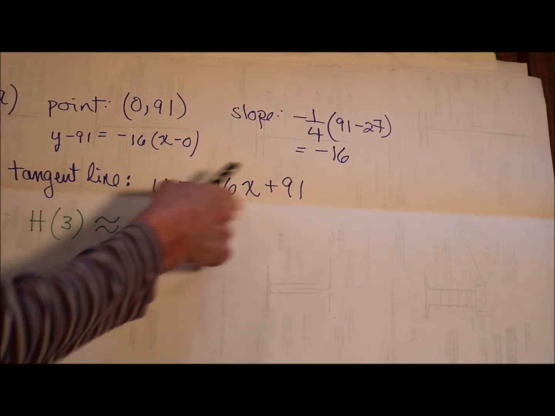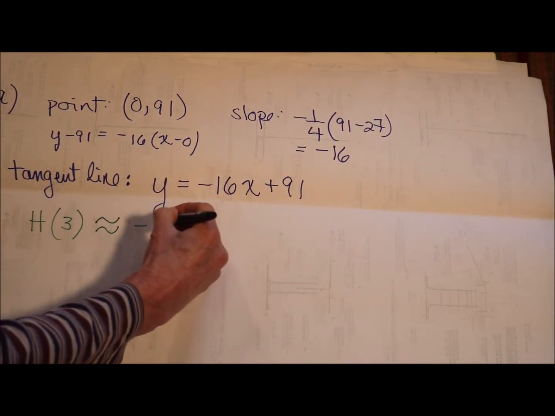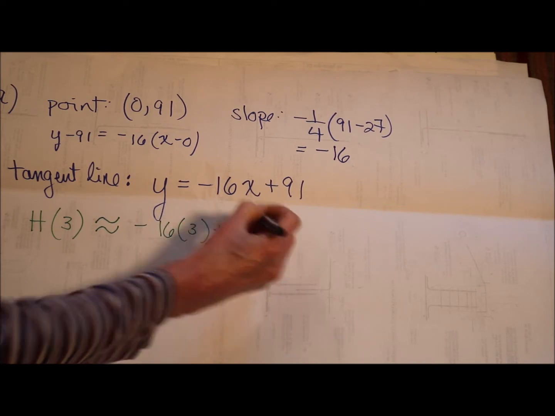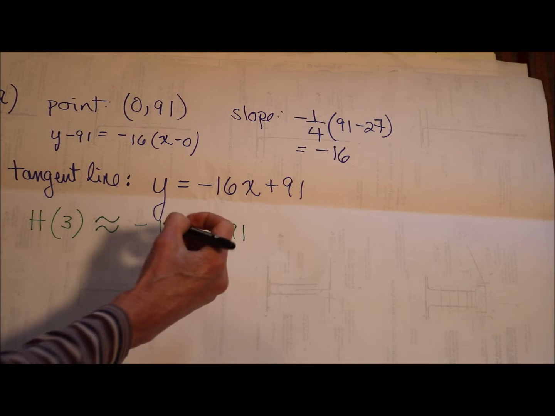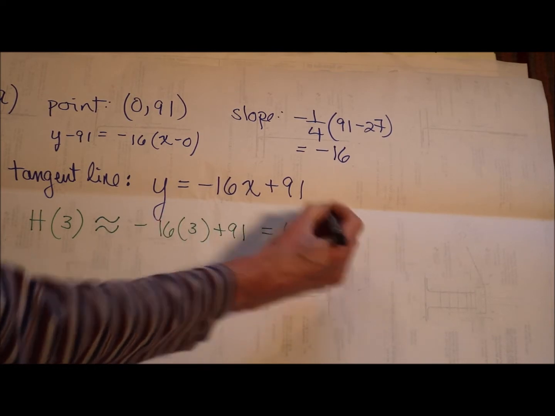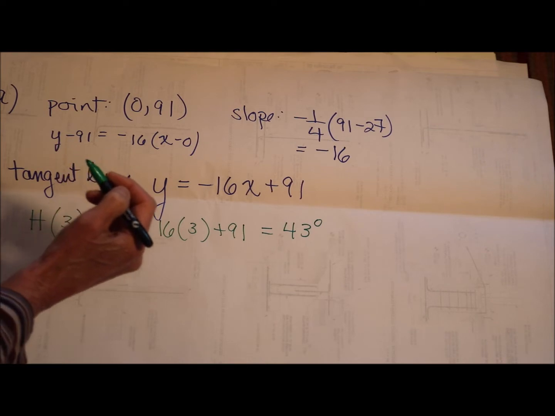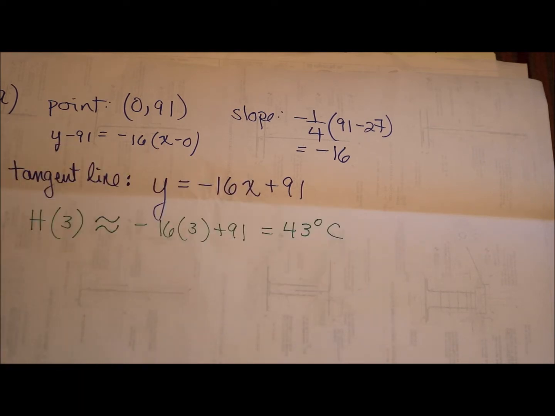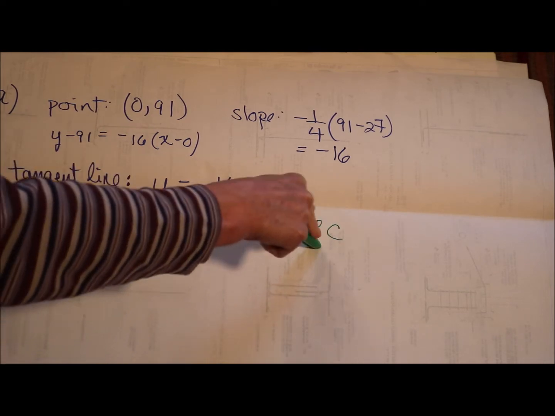I'm using my approximation, so it's going to be negative 16 times 3 plus 91. And that gives me 43 degrees Celsius. They did not tell me to use units here, so you don't have to include units. Only include units when they ask you to.